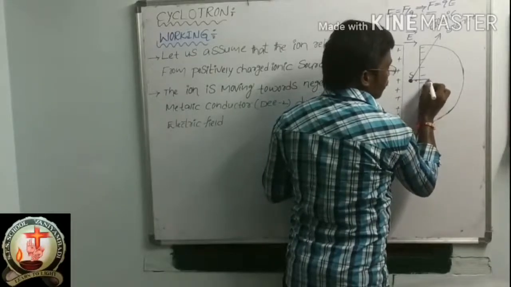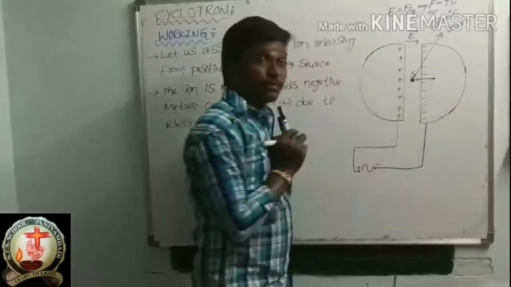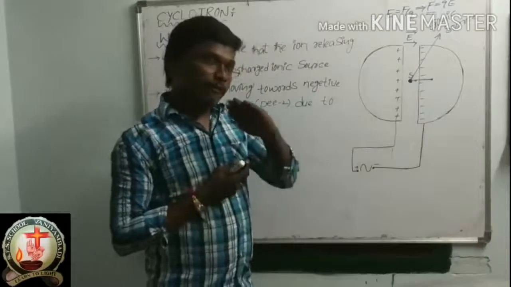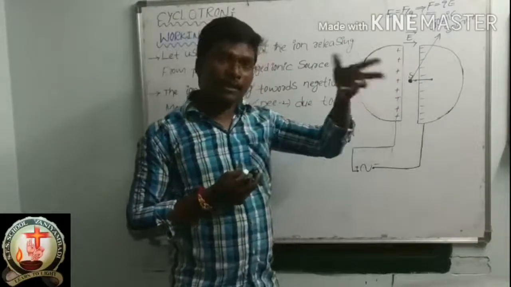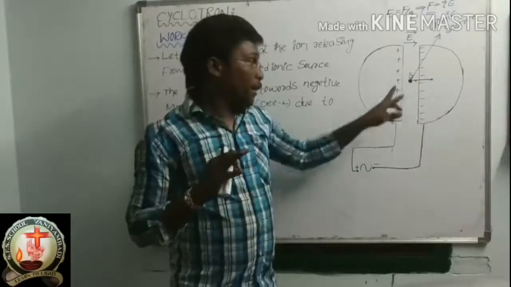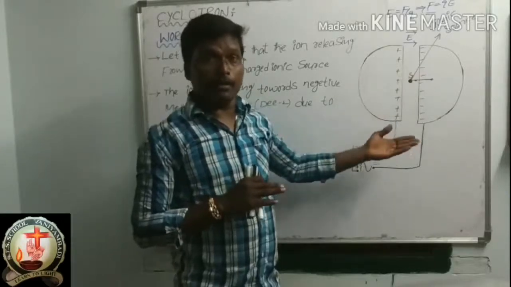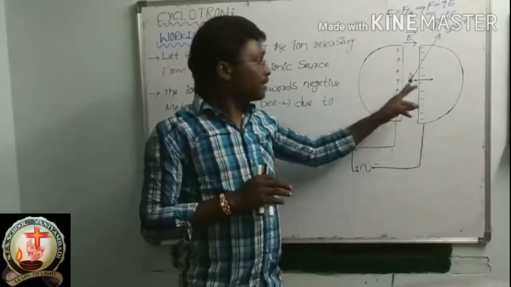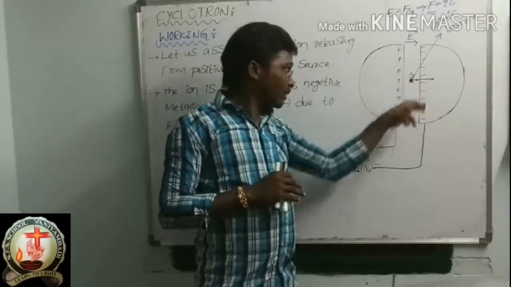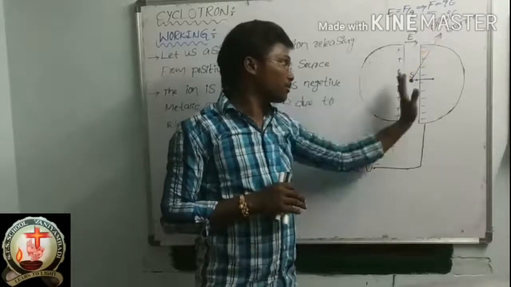It is under motion. This ion is nothing but a charged particle, positively charged. The ionic source released a positively charged ionic particle, and that particle is moving towards the negatively charged plate because of the electric force.